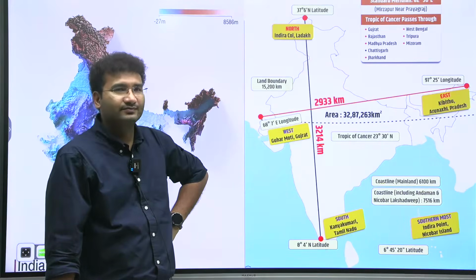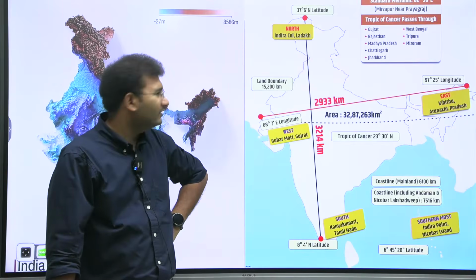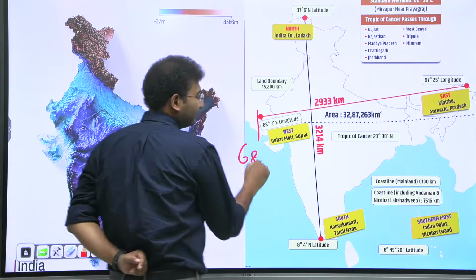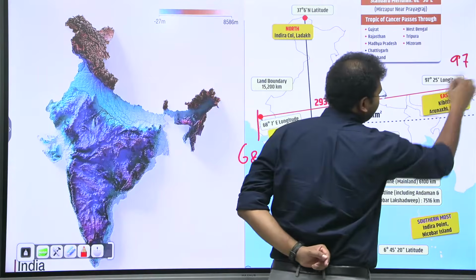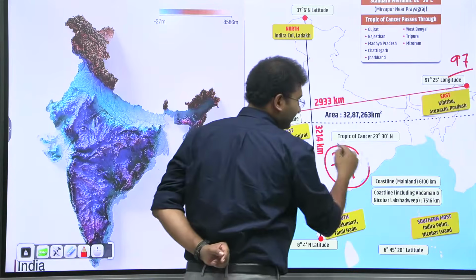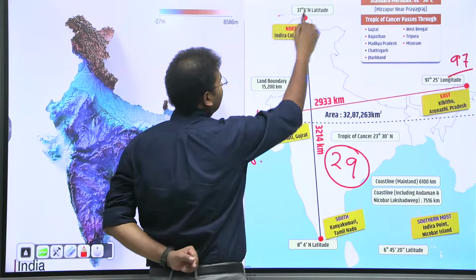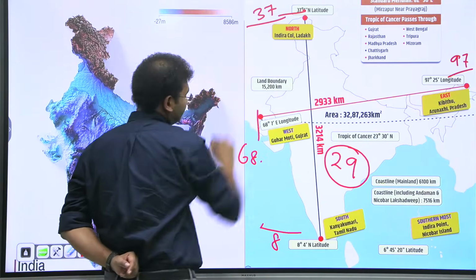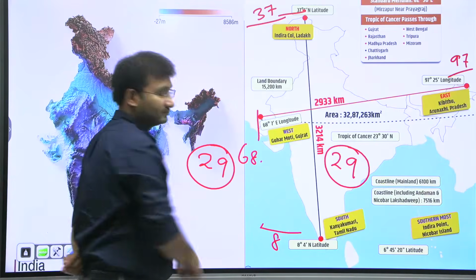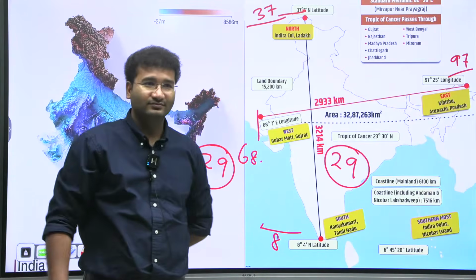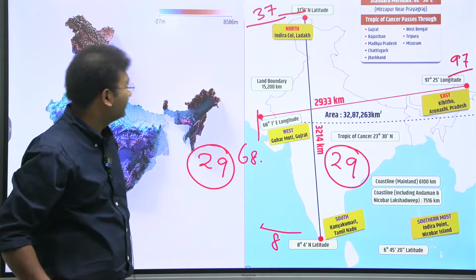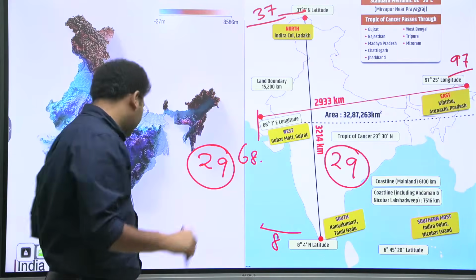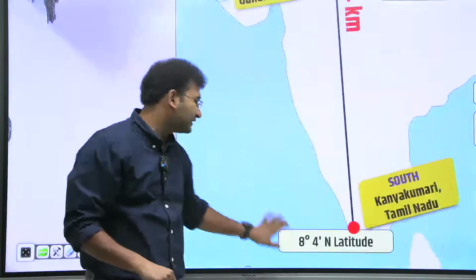The difference is? You just calculate. These are observational points, 68 and this is 97. Roughly 29 degrees east-west. 37 minus 8, what is the difference? 29 only, no? Yes? So this is an interesting aspect, but now you need to calculate with respect to points.